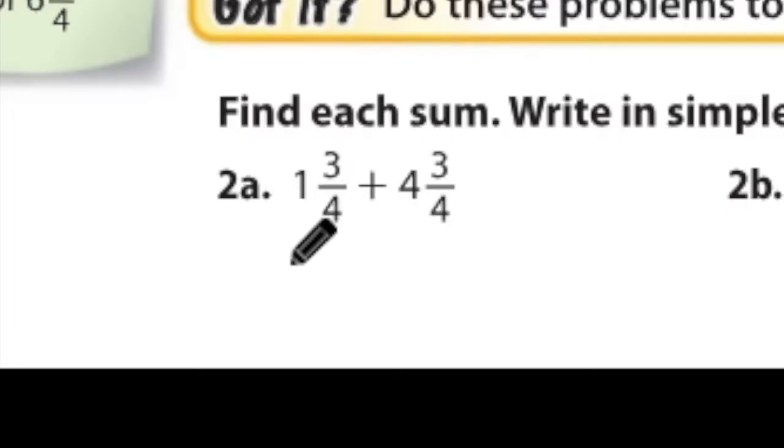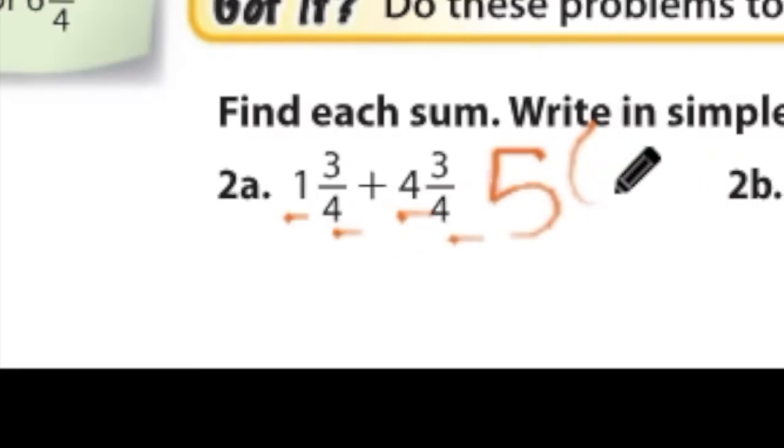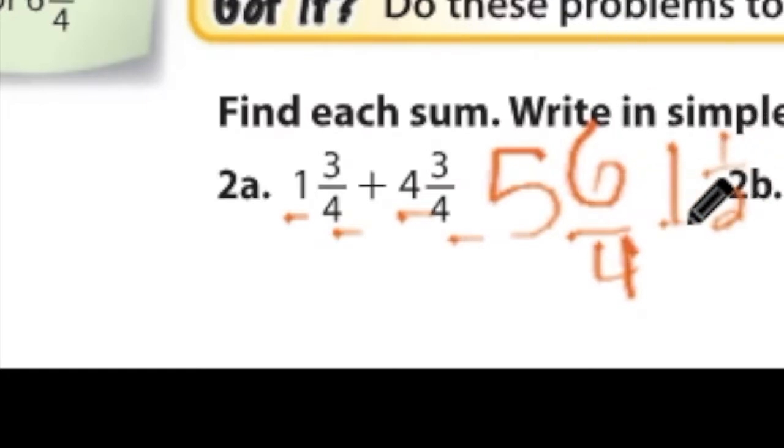So for 2a, 1 plus 4 is 5, and 3/4 plus 3/4 is 6/4, and 6/4 reduces to 1 1/2. So we'll add the 1 and the 5 to get an answer of 6 1/2.